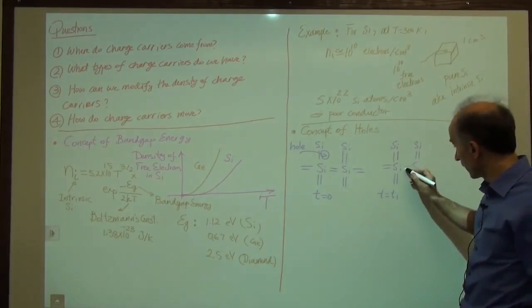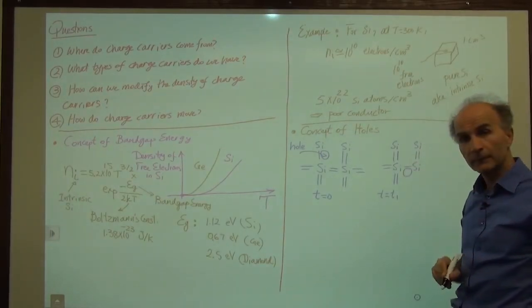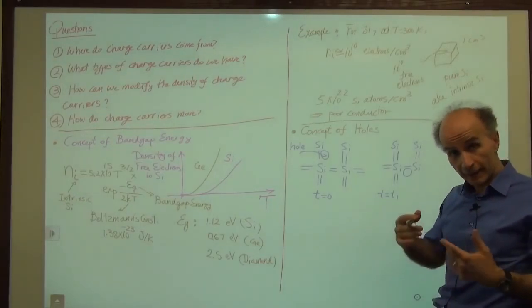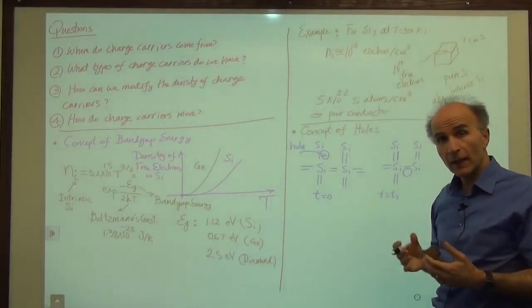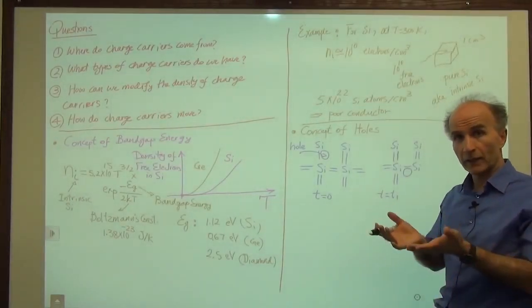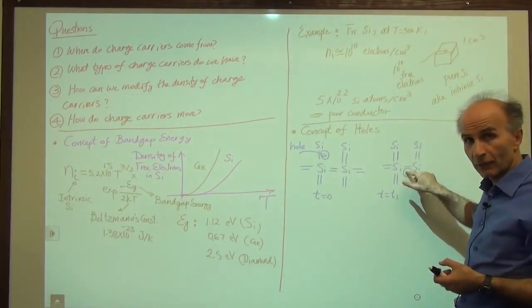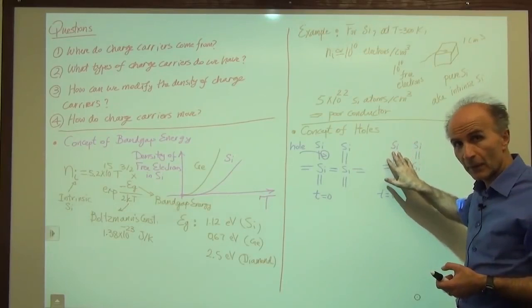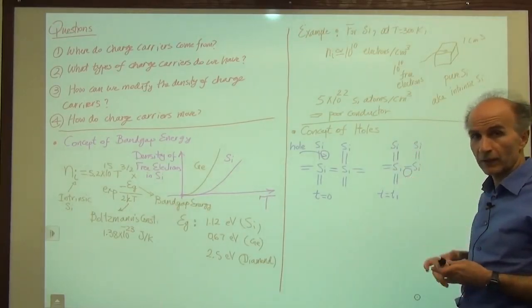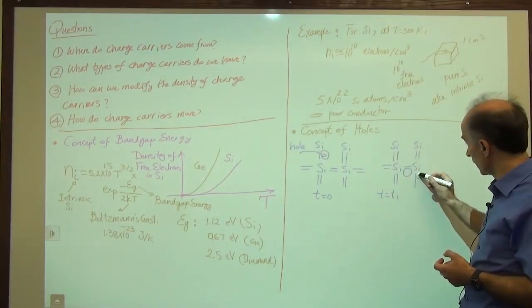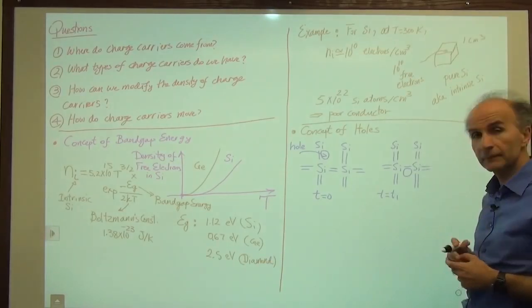So now the hole is here. We know that every bond is capable of relinquishing an electron if there's enough thermal energy, and it just happens that this bond lost an electron, and this electron fell into this hole, completed this bond, and now we have a hole here.